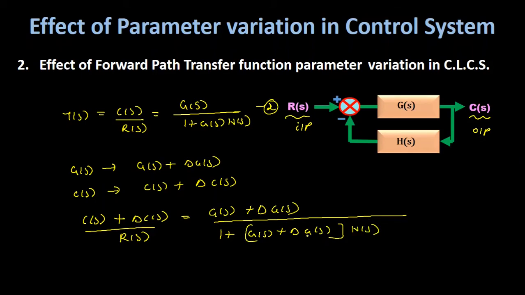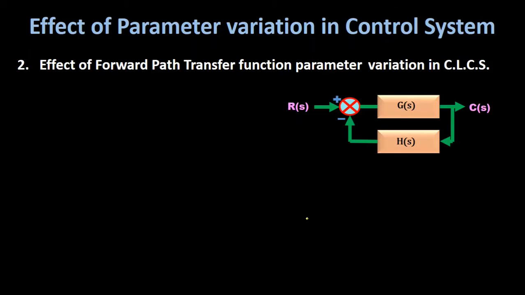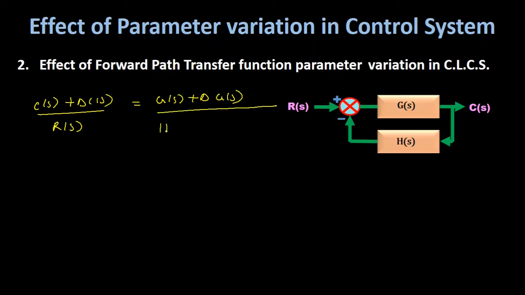Now we will multiply this H(s) into the bracket. Then we will get C(s) plus del C(s) divided by R(s) is equal to G(s) plus del G(s) whole divided by 1 plus del G(s) into H(s) plus G(s) into H(s).